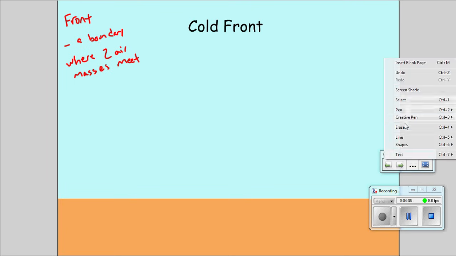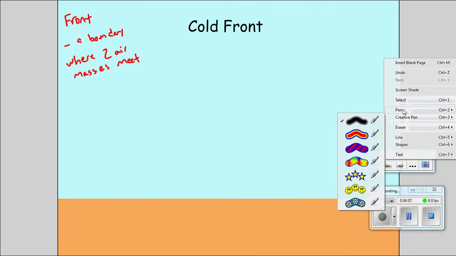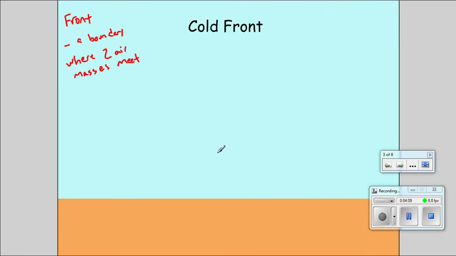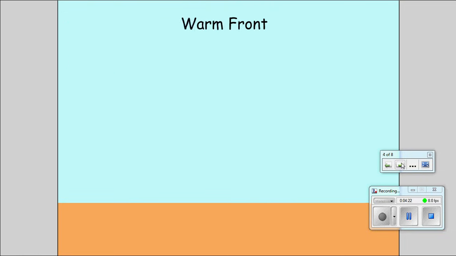Okay, let's start with the cold front. If we hear that a cold front is moving into our area, then that means we are starting with an area of warmer air. So let's say that we're here, there's a warmer air mass covering our area. A cold front means a cold air mass is moving in.